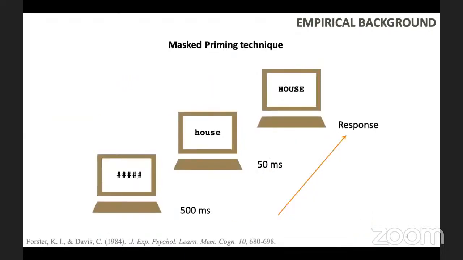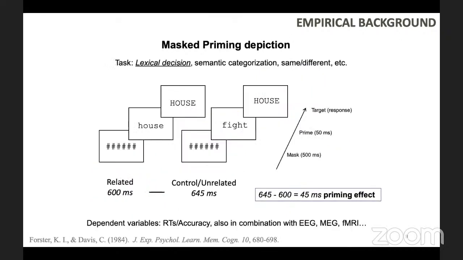So in this task, a mask is presented for 500 milliseconds and then it's replaced by a prime for 50 milliseconds, so participants cannot see it, and the prime is then replaced by the target stimulus. And importantly, we can manipulate the prime-target relationship, which can be related or unrelated. So the difference between the reaction times in the related and unrelated conditions is the priming effect.